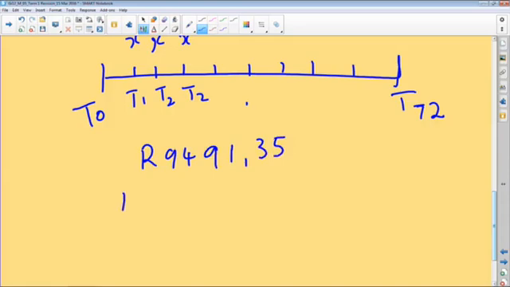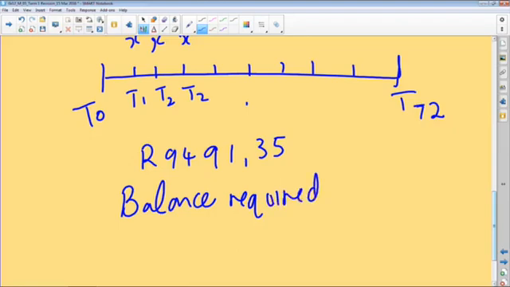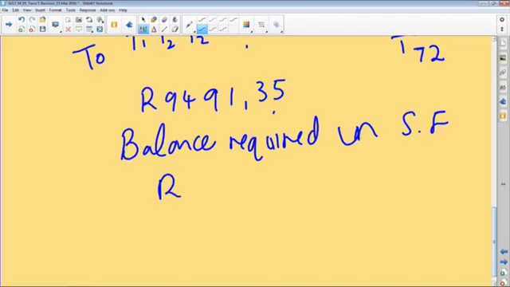So the balance required in the sinking fund is going to be 44,500, which is the value of the replacement of those desks, minus how much we've saved in 6 years.